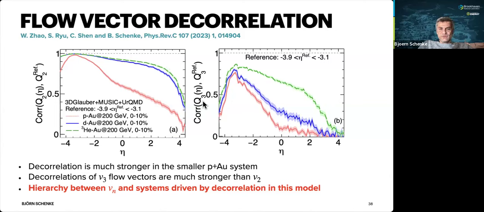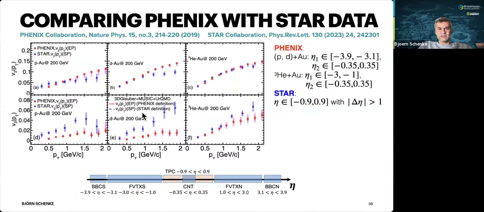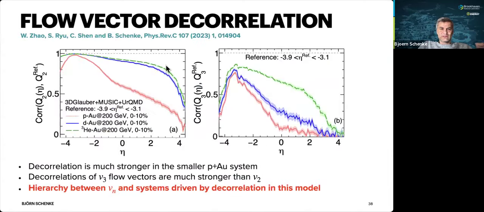And for Q3, for the third harmonic, there's actually a larger difference between helium-3 and the other two. So you can see now that this hierarchy between the different Vn in our model is driven a lot by the decorrelation, and not so much by differences in eccentricities, which was sort of the motivation that Phenix had.